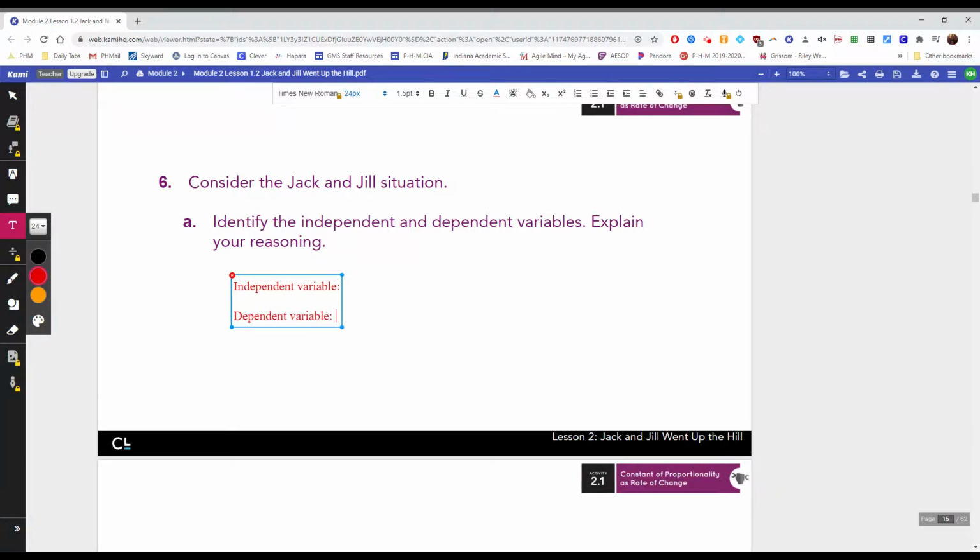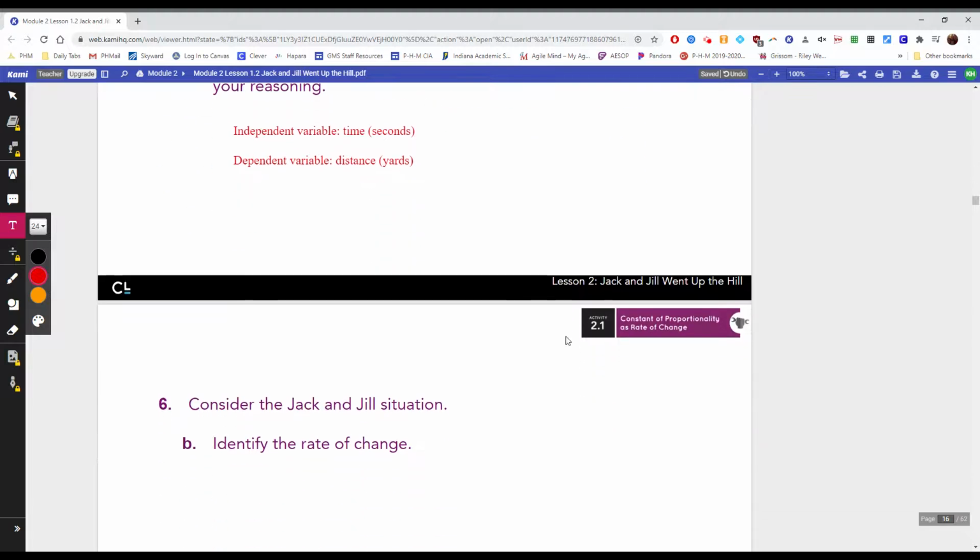Hopefully you can recognize that the one that depends on the other is the distance. The distance depends on the time. So distance, this is the number of yards. The independent variable then is the time, which is the seconds. Okay. And I kind of talked through the reasoning. Dependent is the one that depends on the other one.